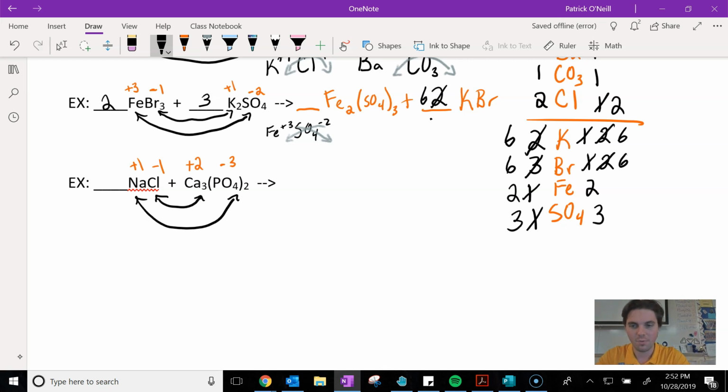So our products are going to be Na, and Na is +1, and phosphate, which is -3. So those go together, and we can do our crisscross to say the amount so that it's even. But you could also know there's got to be 3 sodium to balance out with that -3 phosphate.